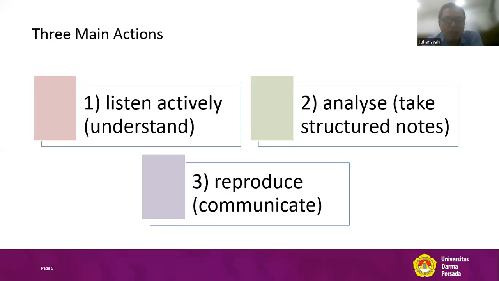And why do we need to listen carefully? Dea. It is because we are not going to make a mistake or misinterpret the message. Okay, not to make mistakes when we deliver, when we reproduce.